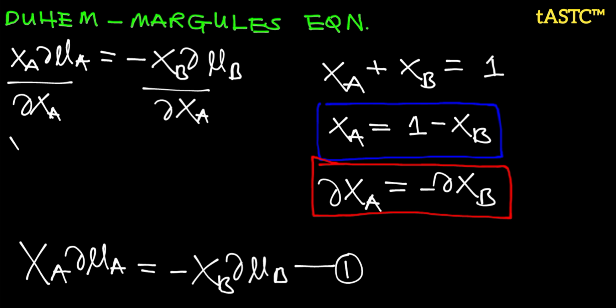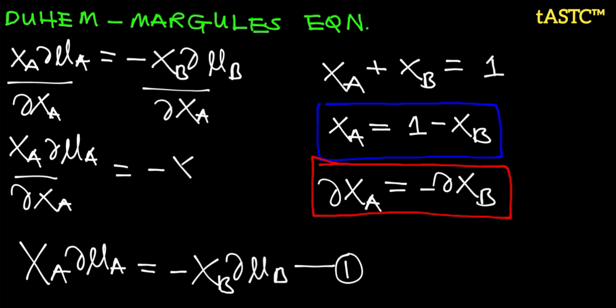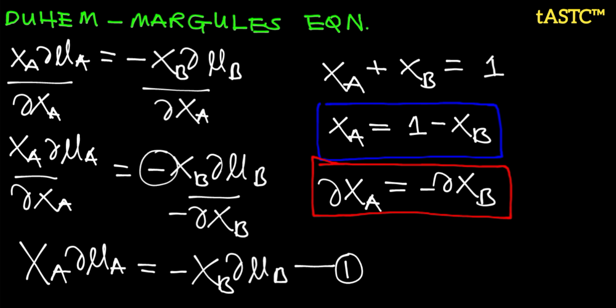So that is going to be x sub A d mu sub A divided by dx sub A. And on this side, we're going to have a negative x sub B d mu sub B, and here this would actually be divided by negative dx sub B. Now in this case, we can find that there is a negative on top as well as one below there.